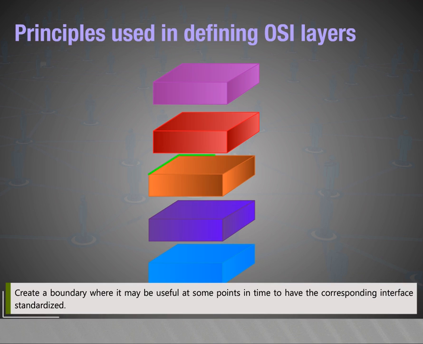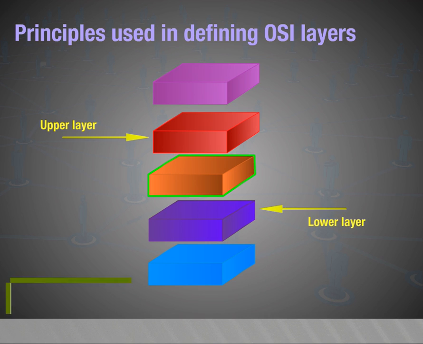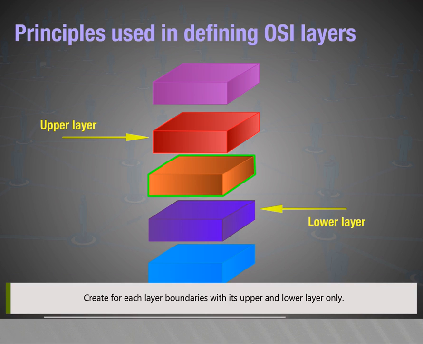Create a boundary where it may be useful at some point in time to have the corresponding interface standardized. Create for each layer boundaries with its upper and lower layer only.